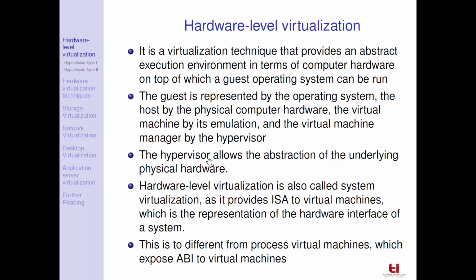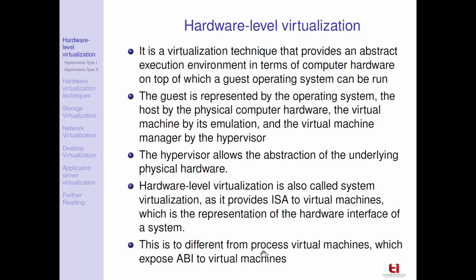So here the hypervisor allows the abstraction of underlying physical hardware. And we have seen in previous lecture that the physical hardware is abstracted by ISA. That means that in hardware level virtualization, which is also called as system virtualization, it provides ISA to virtual machines, which is the representation of the hardware interface of a system.